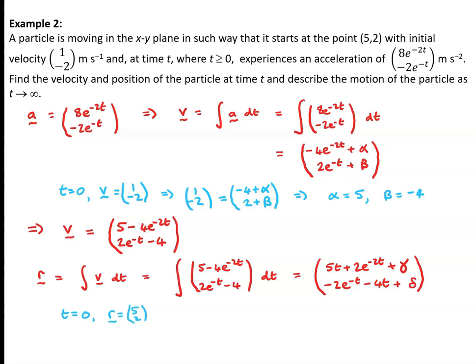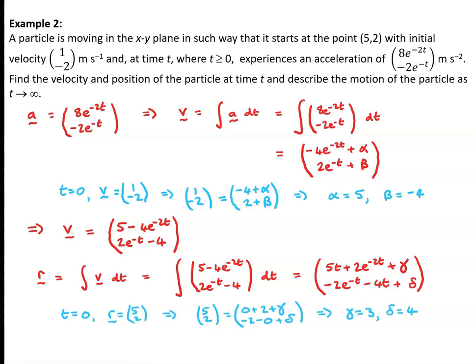On the other hand, when t equals 0, our rule for the displacement gives 0 + 2 + gamma as the x component, and -2 - 0 + delta for the y component. So we've got 5 must equal 0 + 2 + gamma, which means that gamma must equal 3. And we've got 2 must equal -2 - 0 + delta, which gives me delta must be equal to 4.